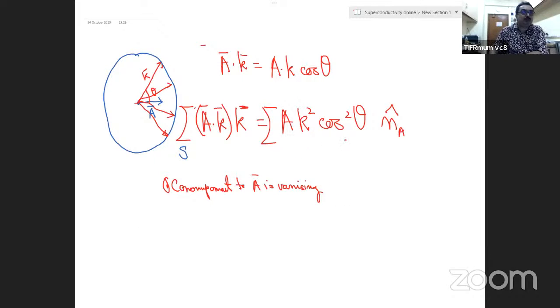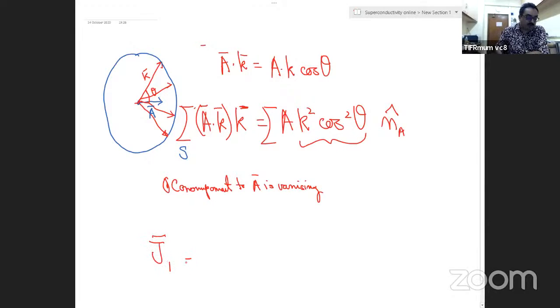If I have to sum this over the Fermi surface, then what will I get? Now I have written something which, over a sphere of radius kF, I will have to take this average, and this is now easy to do.